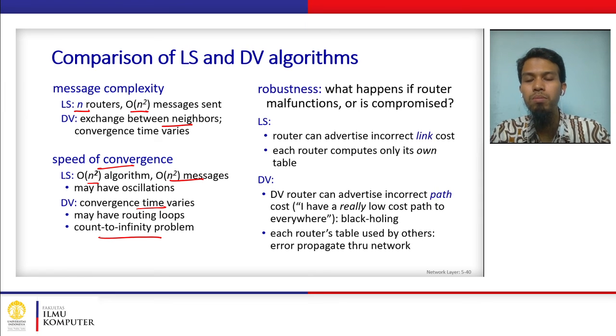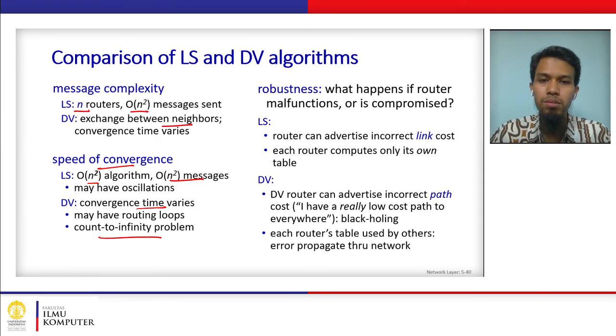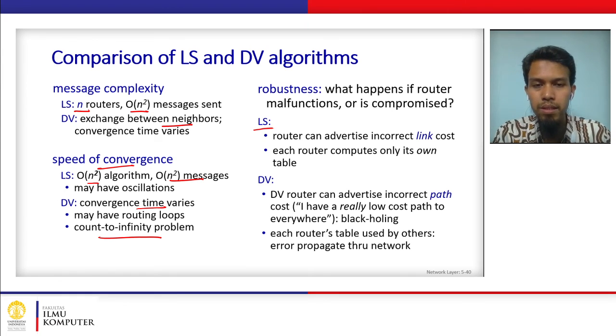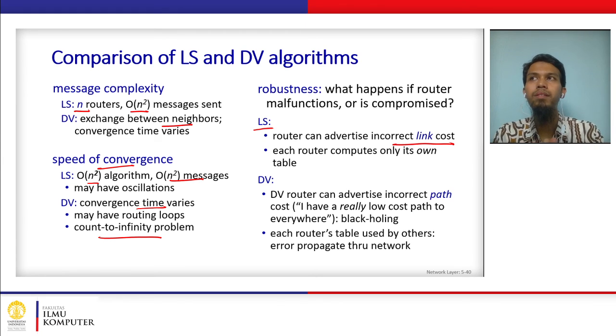In terms of robustness, what happens if a router malfunctions or is compromised? In link state, a router can advertise an incorrect link cost. The link state algorithm relies on the link cost information that is broadcast, so if one router is compromised, it may spread a wrong idea of the link cost.